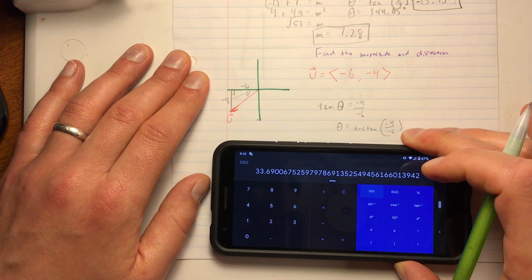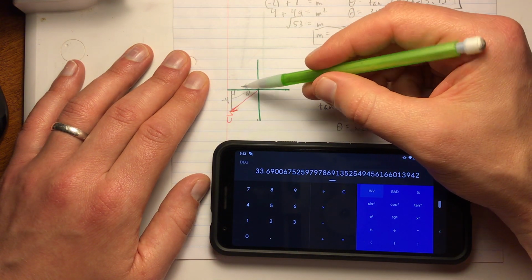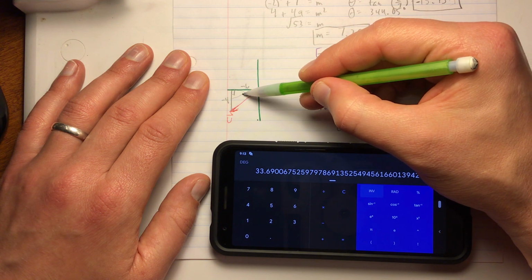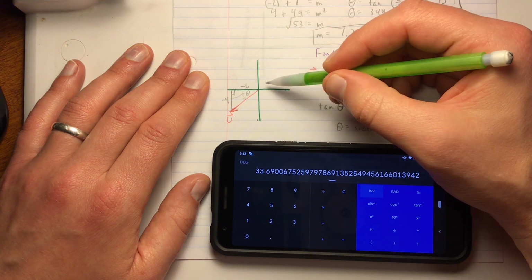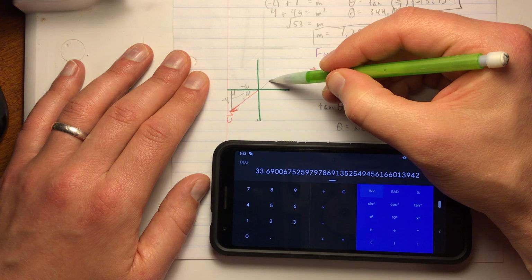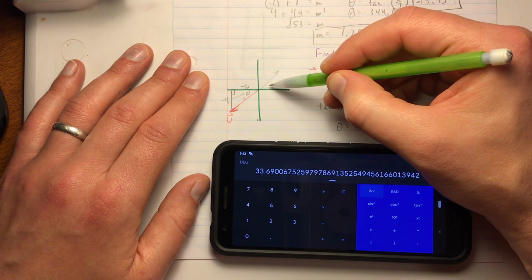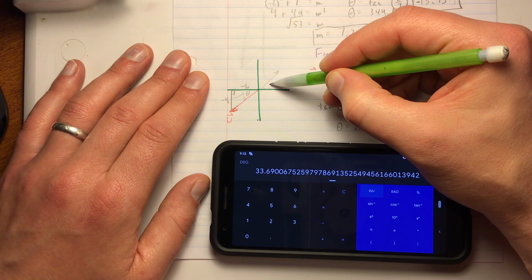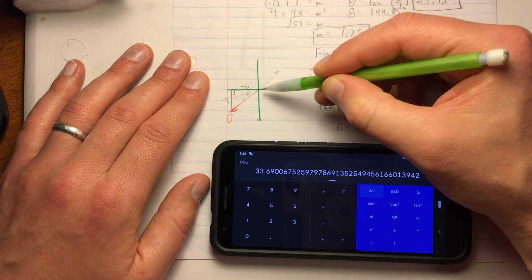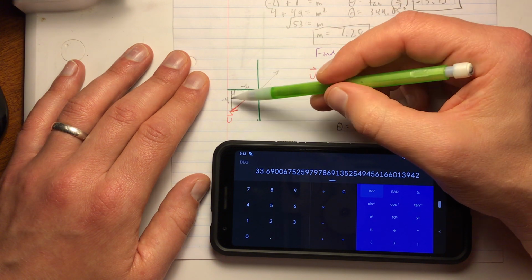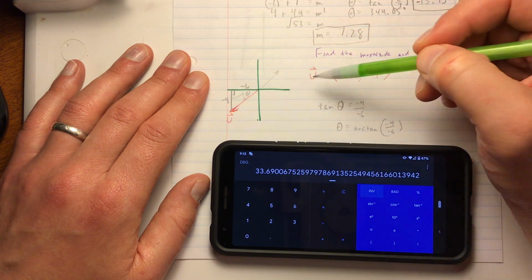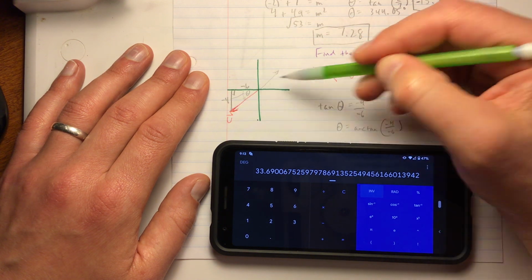Now you may be saying, well, that's not 33 degrees. It is 33 degrees. It's 30 degrees down here. You say, well, 33 degrees, shouldn't that be right here, Mr. Kuhne? Yes, it should. This is 33.69 degrees. But so is this. The problem is, these are both negatives, and the calculator makes that positive.